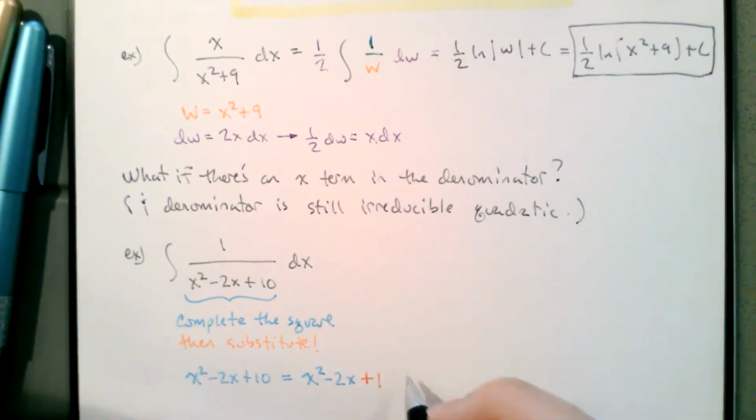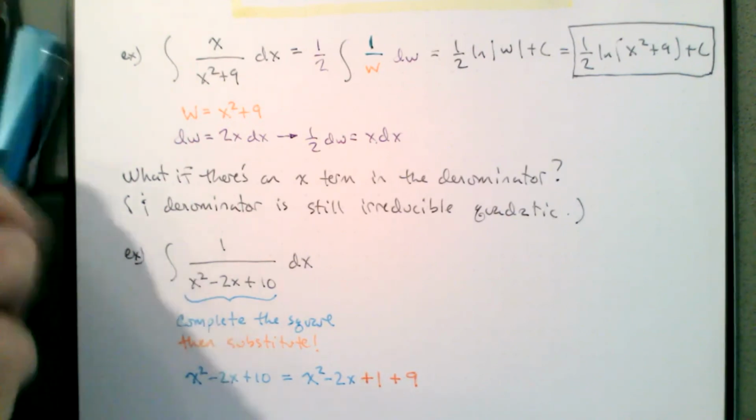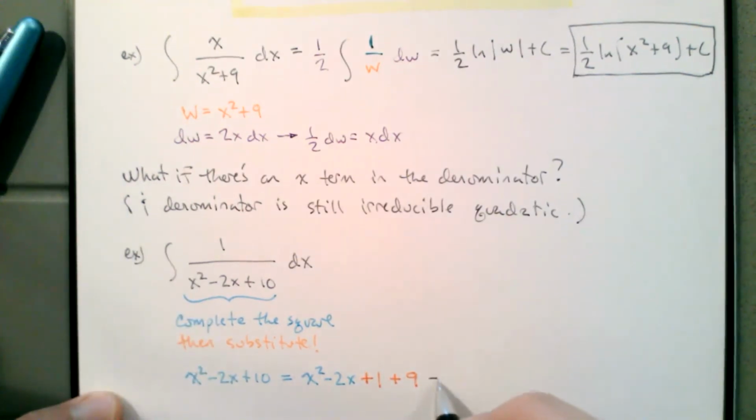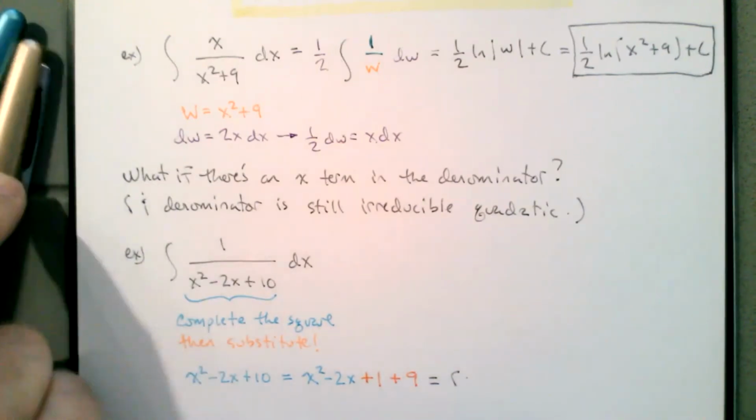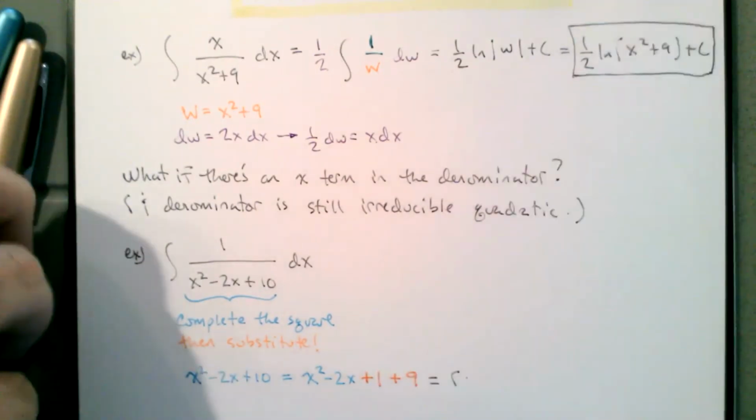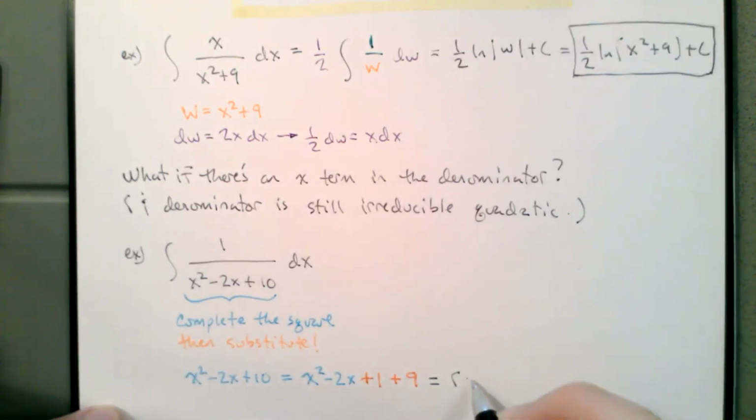So I'm just splitting up the plus 10 into a plus 1 and a plus 9. The reason for the plus 1 is that x squared minus 2x plus 1 is now a square. So I can write that as x minus 1 squared, and then I still have this plus 9.